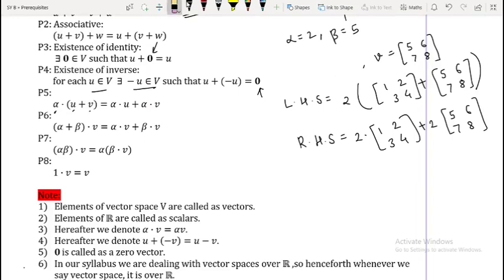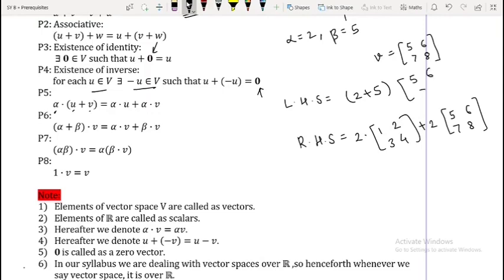Now in this case we are talking about the sixth property, so left hand side will be alpha plus beta, meaning 2 plus 5, and this is v, 5, 6, 7, 8. And what about our right hand side?